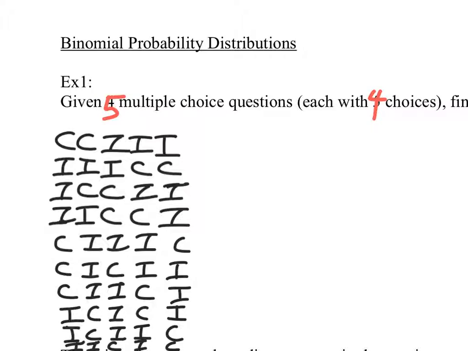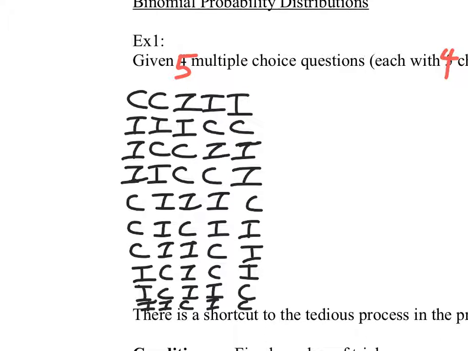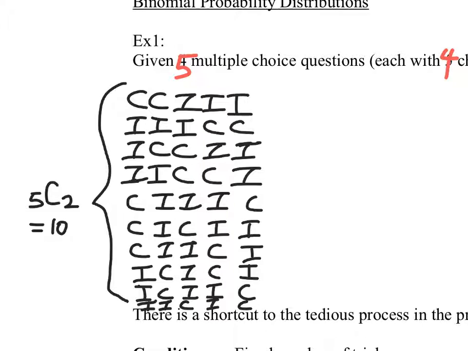All right. I was on the lookout for 10 possible arrangements, or 10 possible combinations, because I have 5 things taken 2 at a time. Now, if I want to evaluate the first case, I would use independent events, because you're going to have 4 choices no matter how many questions you're working on.